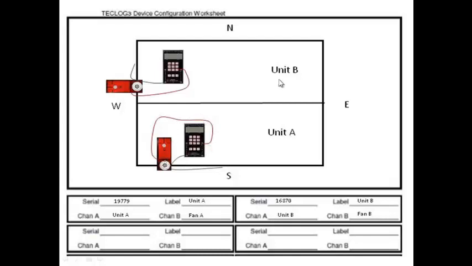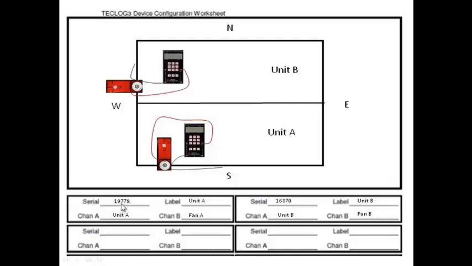And similar on Unit B, we've got one blower door, one gauge, and channel A is measuring an envelope pressure, and channel B is going to the fan. So we fill out the information, gather all that information in our worksheet, so we can enter the information we need into TECLOG. So we need the serial number of the gauge, because that's what the software recognizes.